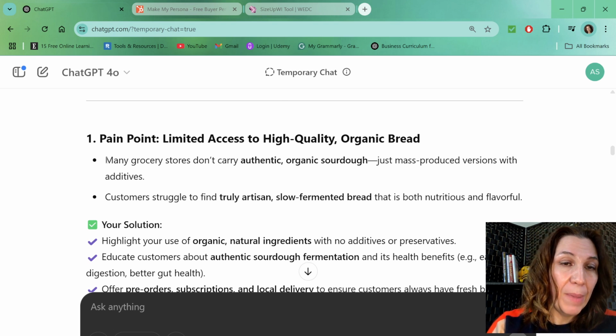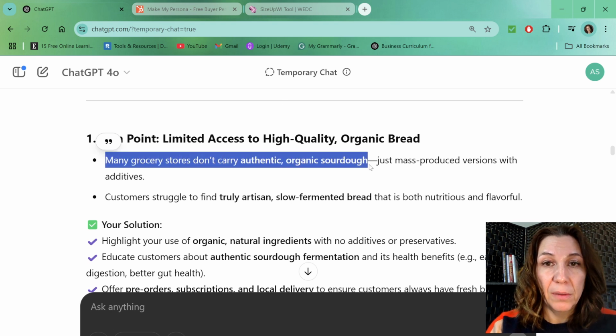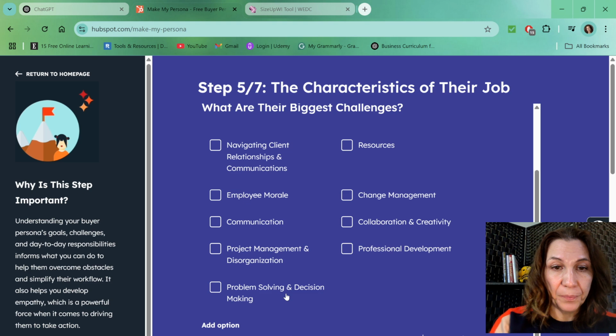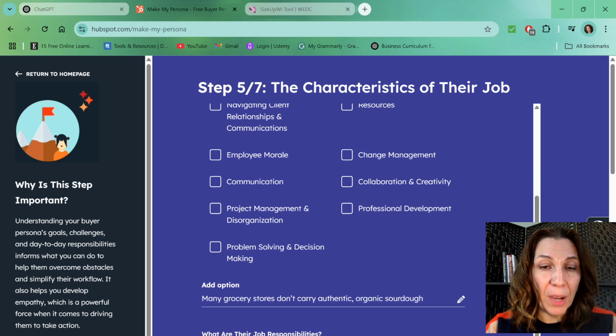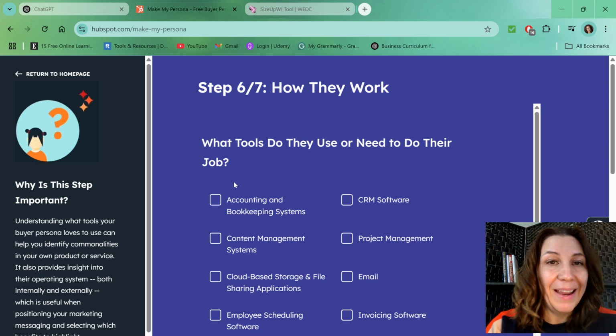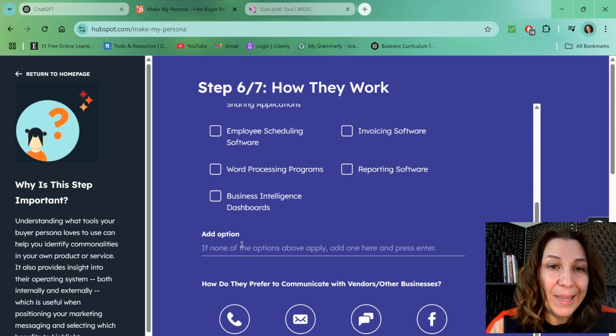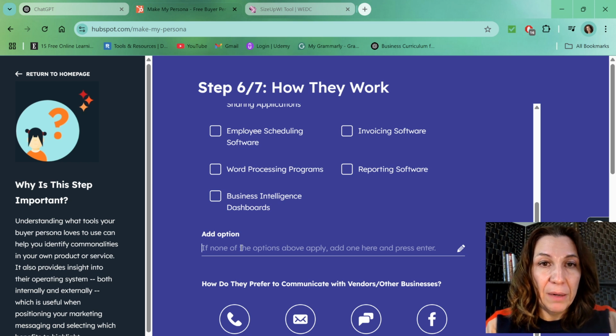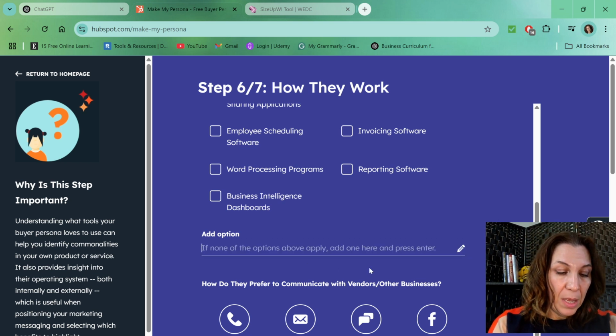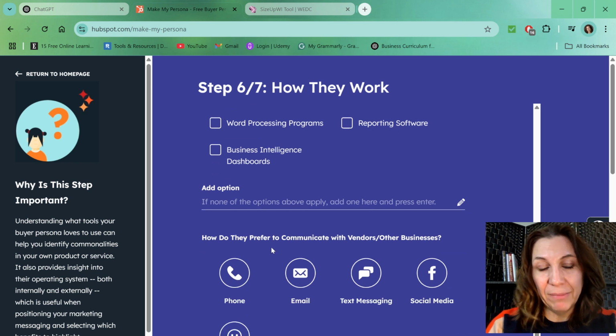This is many grocery stores don't have or carry authentic organic sourdough. So what are their job responsibilities here does not pertain because it's not connected with their job. And of course, if you're selling a product or service to help them with their job, you can click one of them, or other options. Here we can leave it empty.